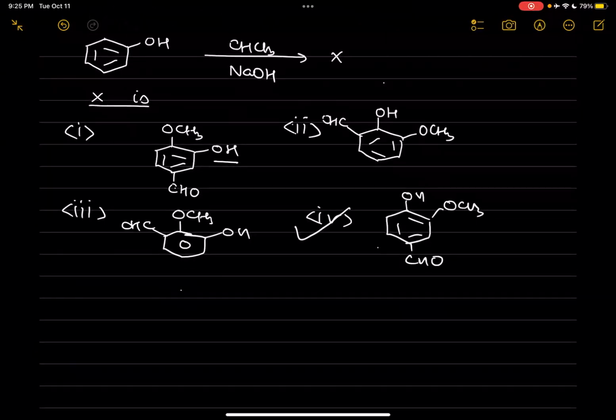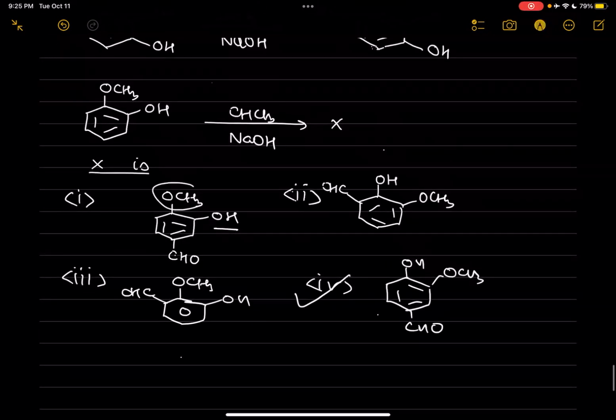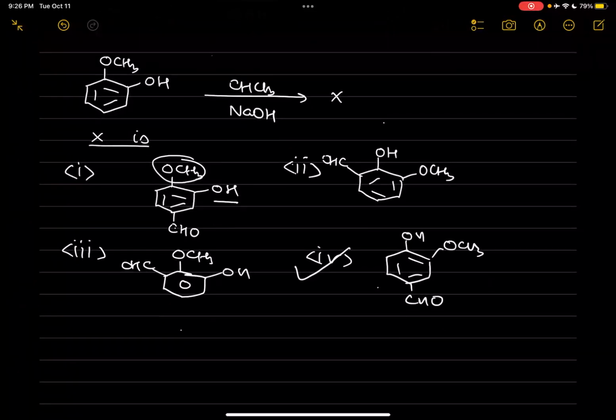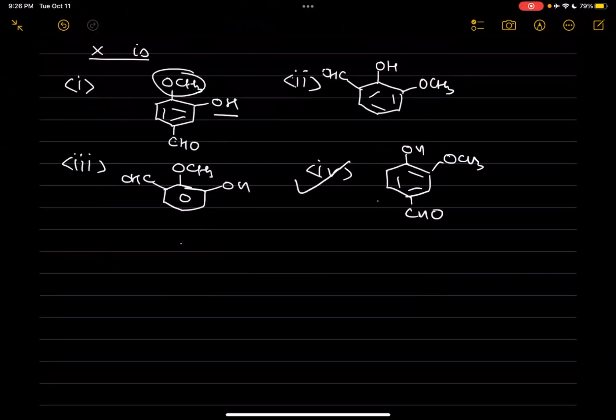Got it? Yes, sir. So OH, because it's more reactive, will dominate. Right? But deliberately I have written this at the top. Okay. So this is the most common question. Be careful regarding that. Okay. Clear?